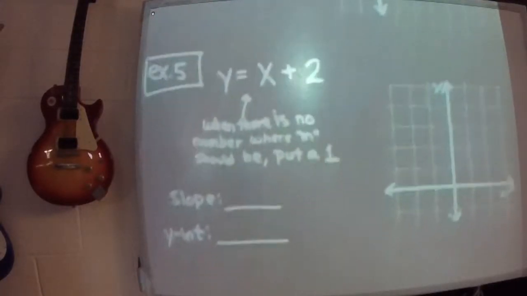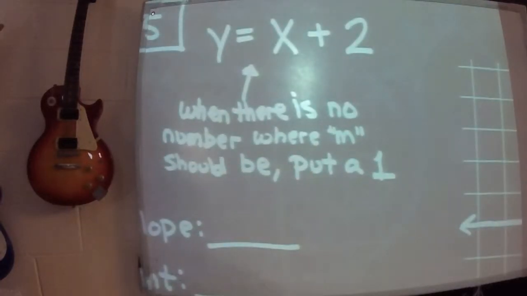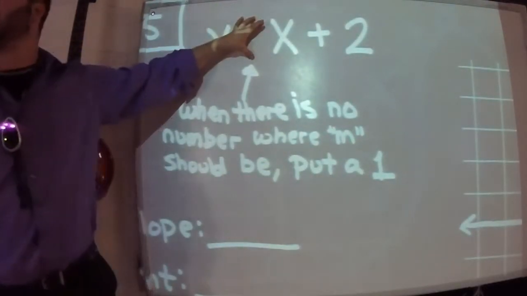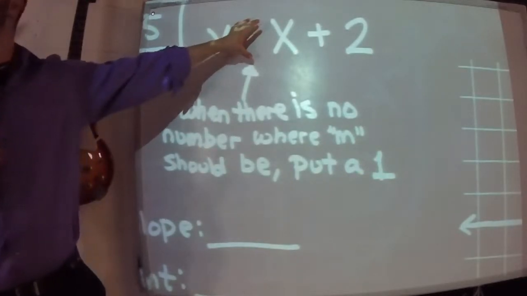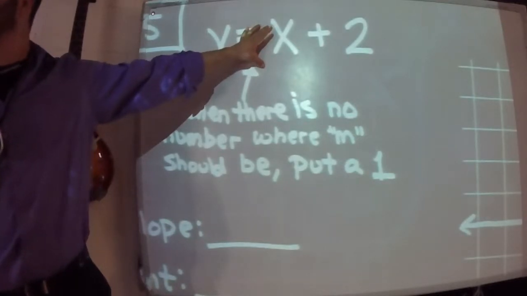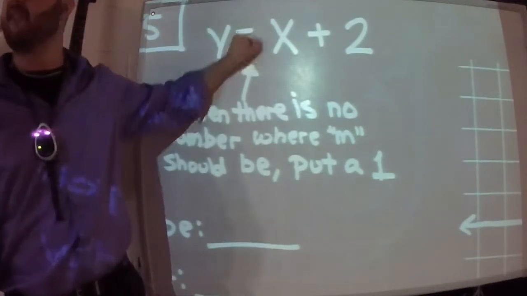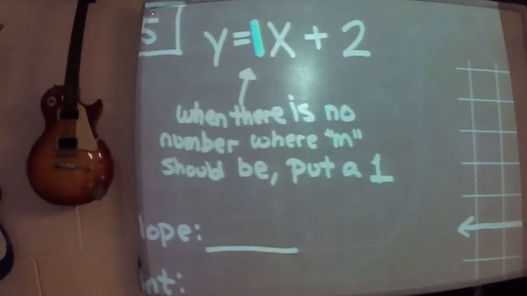And lastly, we do have a little bit of an issue. On this y equals mx plus b, there is no number where m is supposed to be. Do not think that that means it's 0. It's 1. So physically put a 1 right there. When there is no number next to x, put a 1.